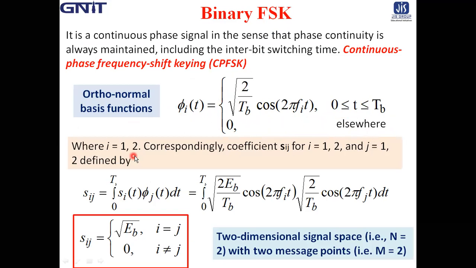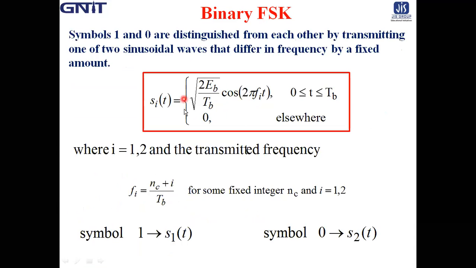Here i equal to 1 and 2, and correspondingly the coefficients s_ij for i equal to 1, 2 and j equal to 1, 2 is defined by s_ij equal to integral 0 to T_b of s_i(t) phi_j(t) dt.